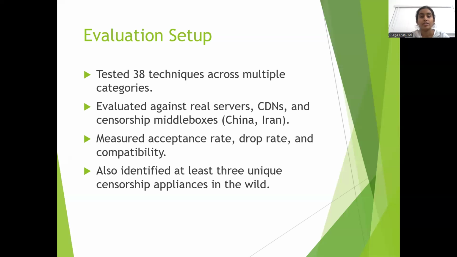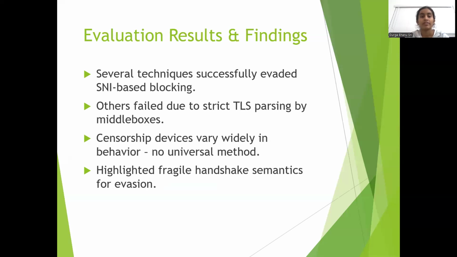And then evaluation results and findings: a bar chart or table summarizing how many techniques succeeded versus failed per server and CDN category. So the key empirical highlights are that many techniques do succeed in circumventing SNI blocking in real settings.